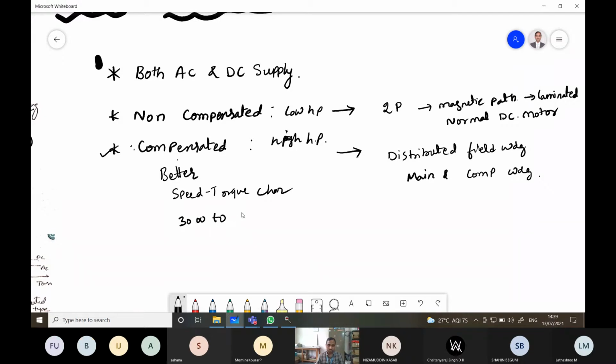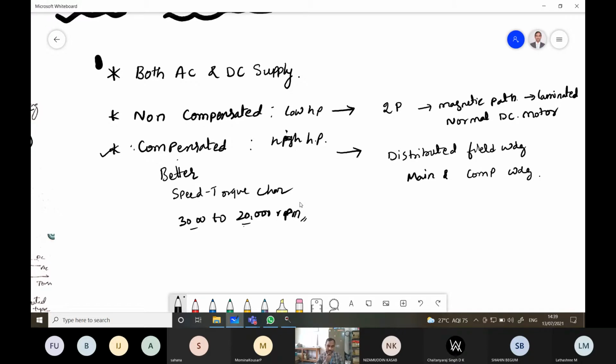The speed range is 3000 to 20,000 rpm. So usually these universal motors are high speed motors. The rpm, that is the speed of the machine, is very high compared to the normal DC motor.